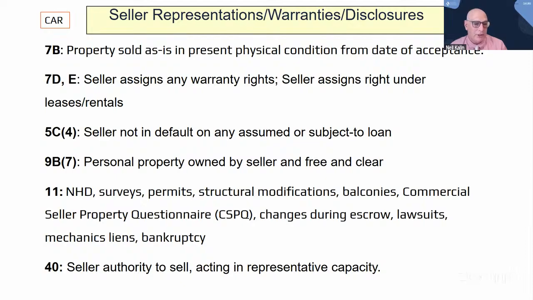For a commercial transaction, we created a commercial seller property questionnaire, and that's where the bulk of the disclosures are found. It asks the question the same way that a transfer disclosure statement or the residential seller property questionnaire does. Seller, are you aware of? And then there's 4 pages of questions asking for the seller's knowledge concerning the property.